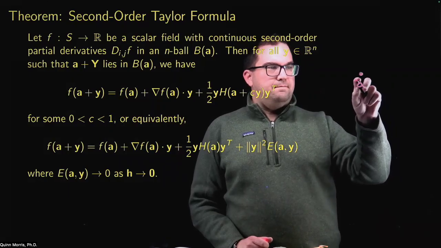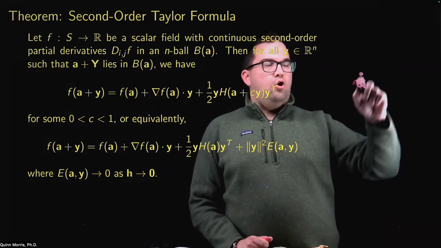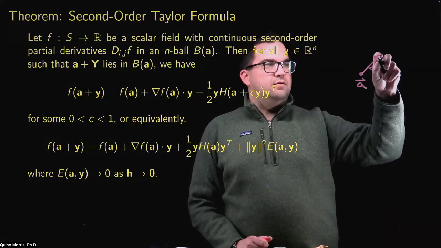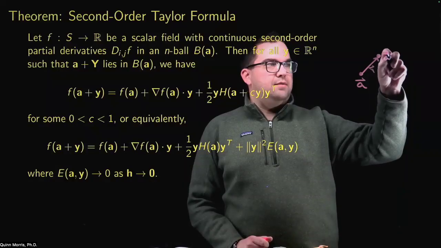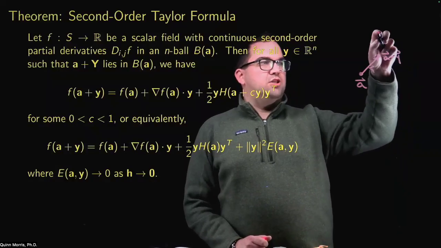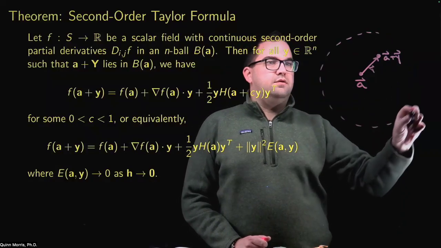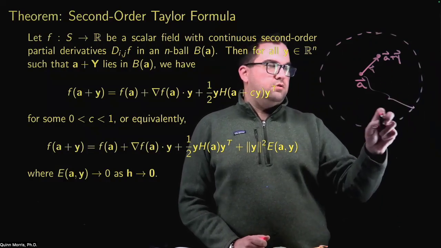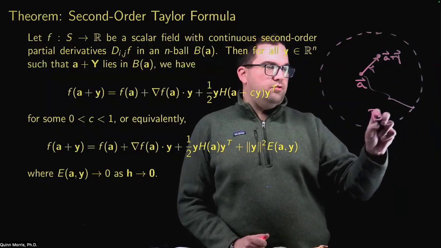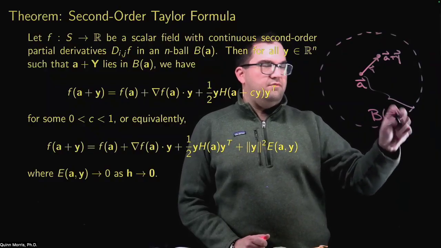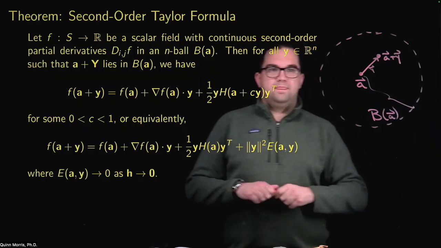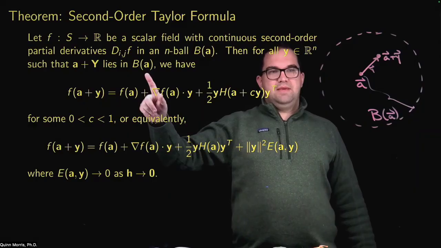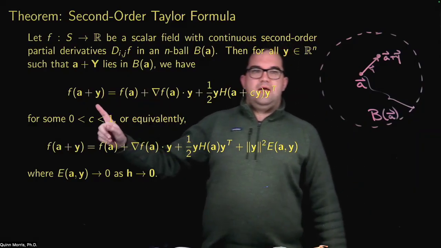Here's A. For all y such that when I add y to A, that's going to give me this point A plus y, as long as that point lies inside this ball. It has some radius, but this whole thing is just B of A.